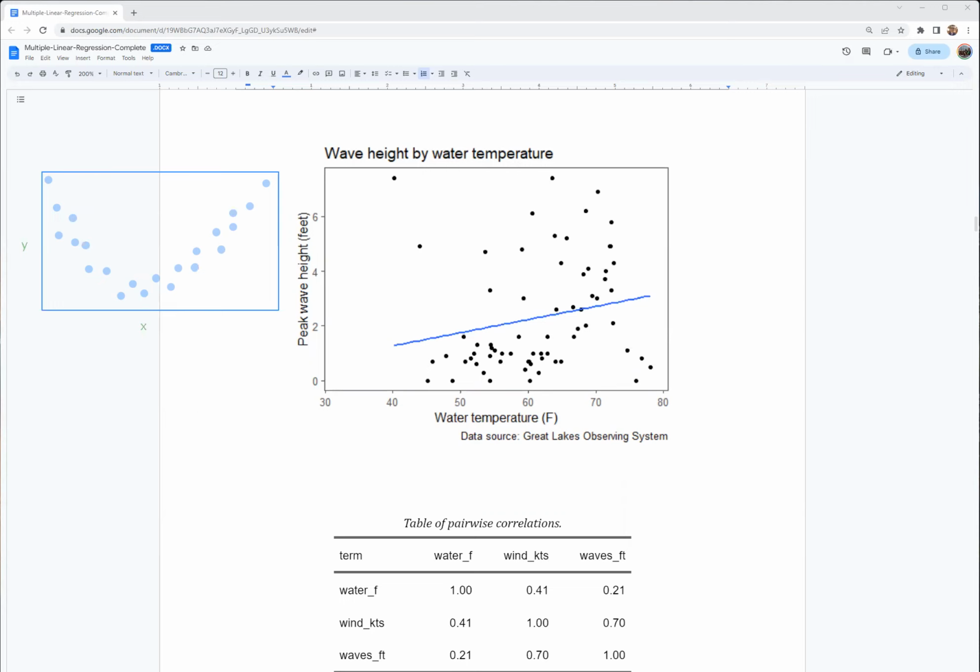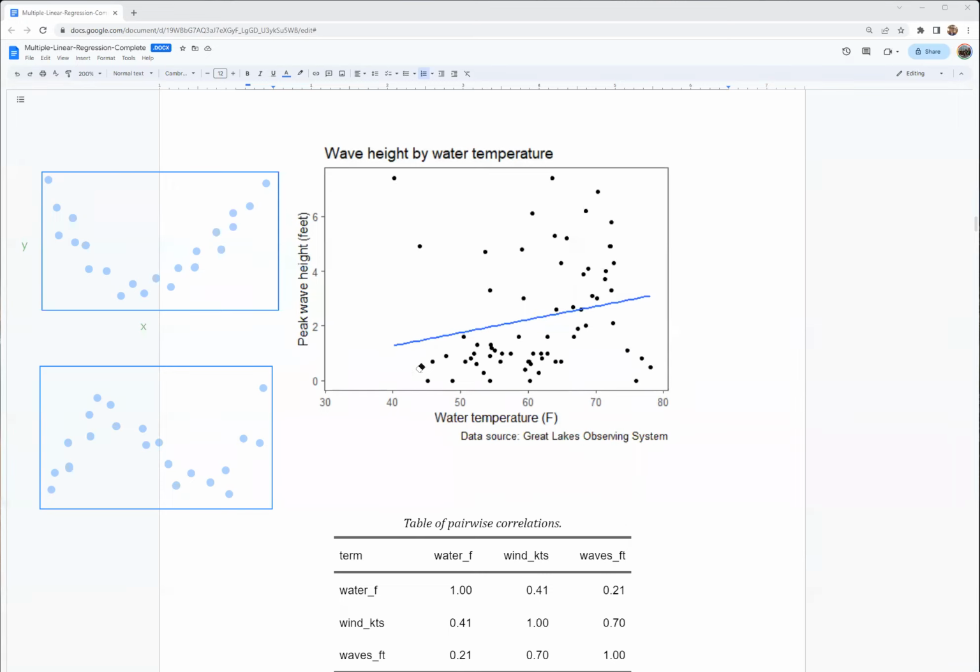Or you could have something else, a pattern like this, that also would be very nonlinear, but there's a relationship. Those would violate the linearity assumption.